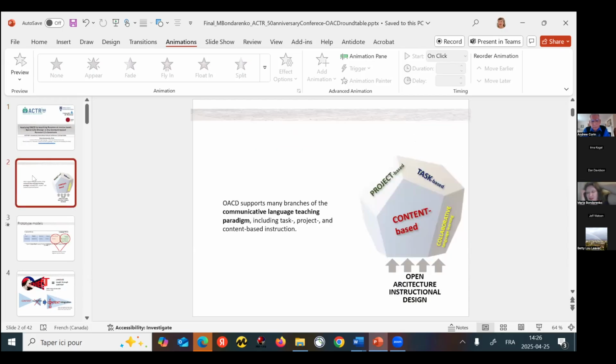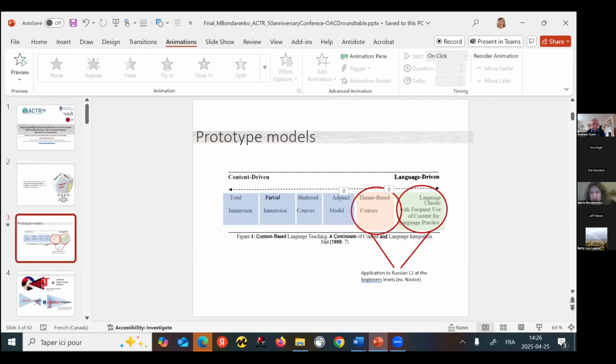I would like to remind you that open architecture curriculum design supports many branches of the communicative language teaching paradigm, including content-based language learning. And content-based language learning has different models. Within this presentation, I'm going to speak about the theme-based courses, applicable, as we think, to low proficiency courses.